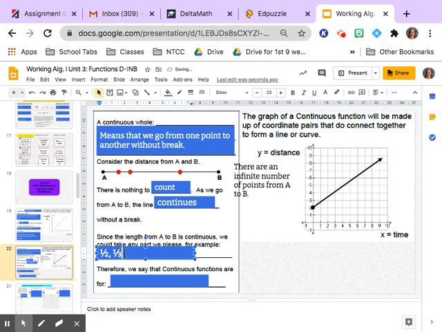We could do a fourth. We could do a fifth. And so on, dot, dot, dot. We can take any part along this line, because we could get a decimal and that'd be okay.